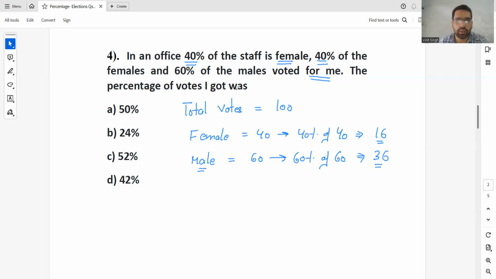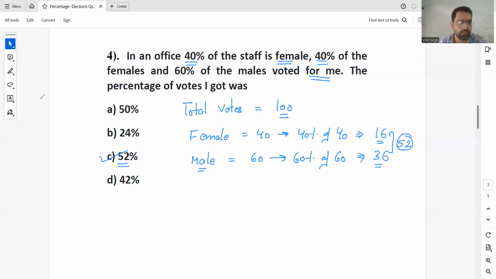So the percentage of votes I got: total votes I got is equal to 36 plus 16, which is equal to 52. Now, 52 out of 100. I got 52 votes out of 100, which is equal to 52%. So the total percentage of votes I got is 52%.